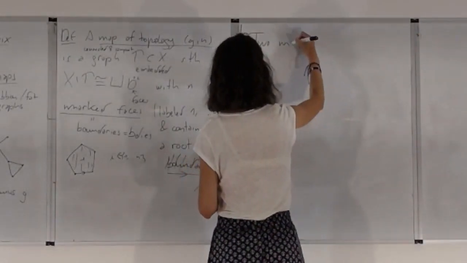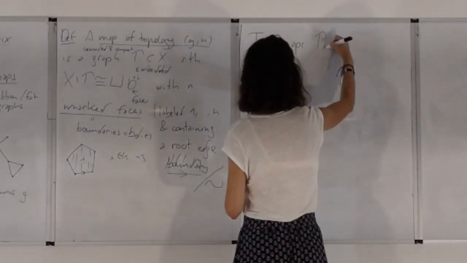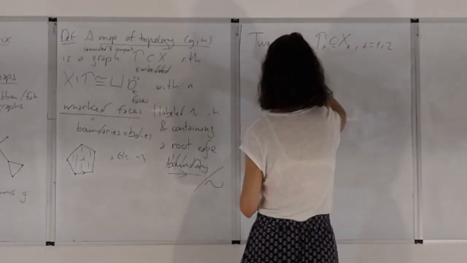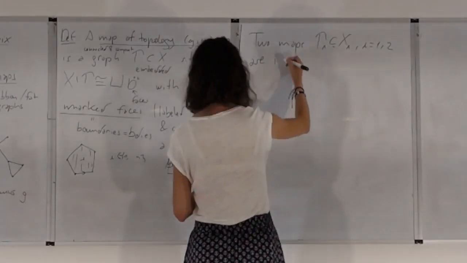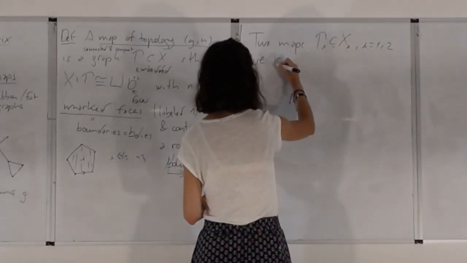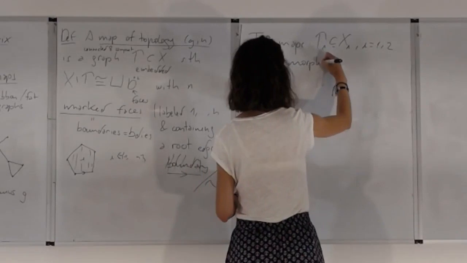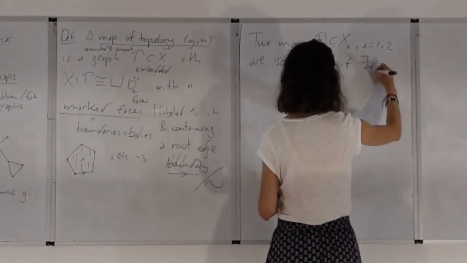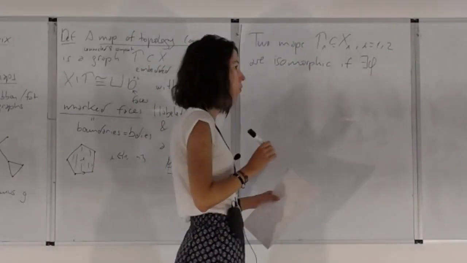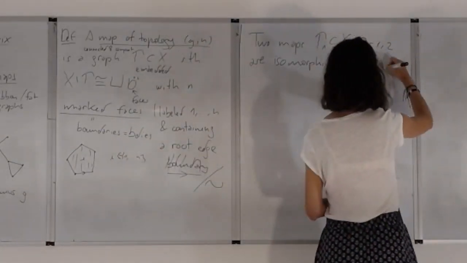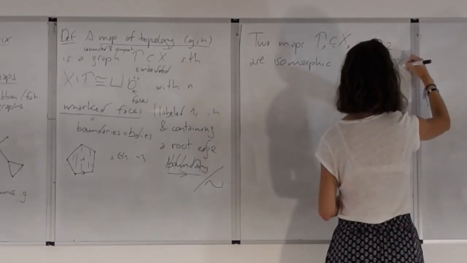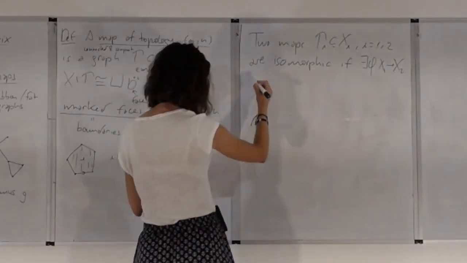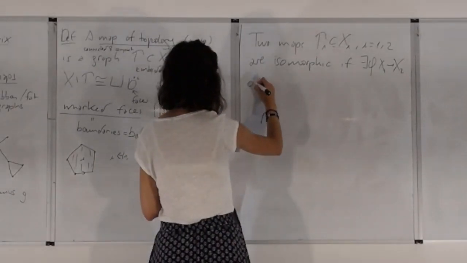So two maps are isomorphic if there exists a homeomorphism of the underlying surfaces that restricts, I mean that it's orientation preserving, sorry.